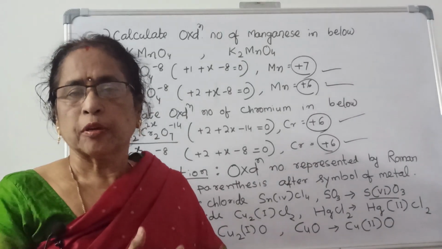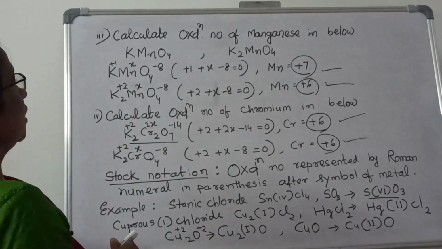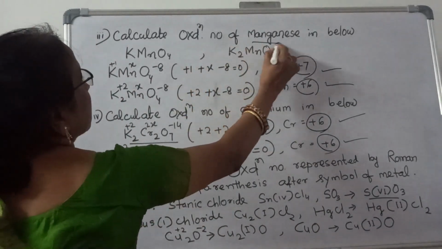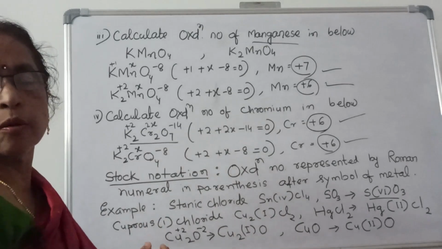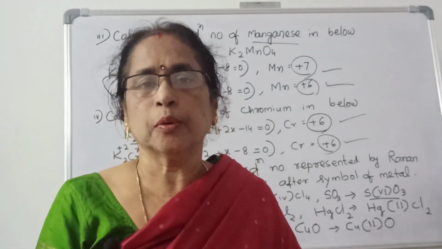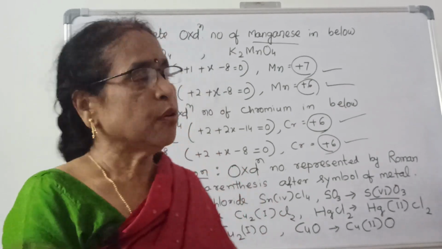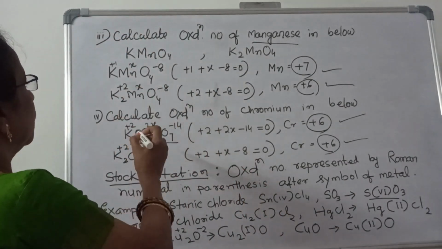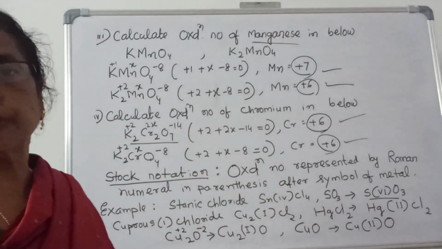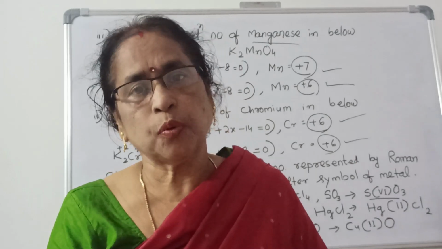Now you can see here question number 3, that is, calculate the oxidation number of manganese in the below compounds. One is potassium permanganate, KMnO4, and next is K2MnO4, potassium manganate. Now you can see first one KMnO4, that is potassium permanganate. Potassium 1, manganese 1, and oxygen 4 times.